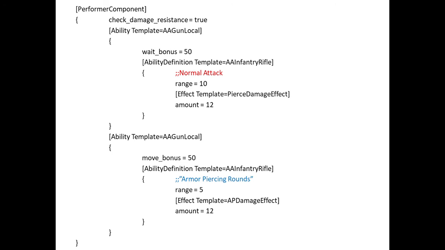I would advise, as I have in my own mods lately, that you actually try to create new damage types, which is something I might go over in a future video, so that you can use this system of priority modification enabled by check damage resistance to its greatest effect.